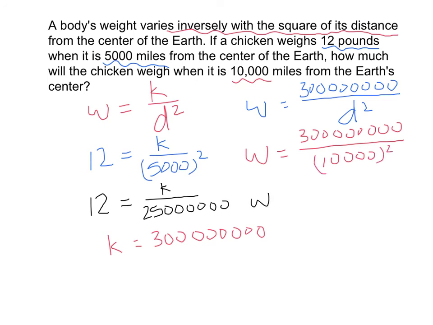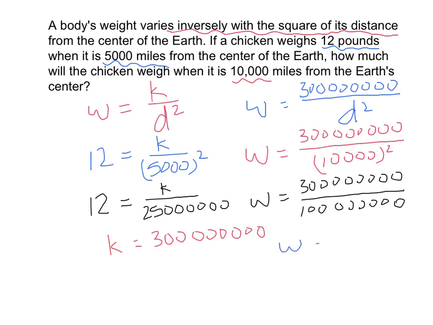So this chicken is going to weigh 300 million divided by 10,000 squared, which is 100 million. So 300 million divided by 100 million, this chicken will weigh 3 pounds when it is 10,000 miles from the center of the earth. Although what the chicken is doing out there, I have no clue.